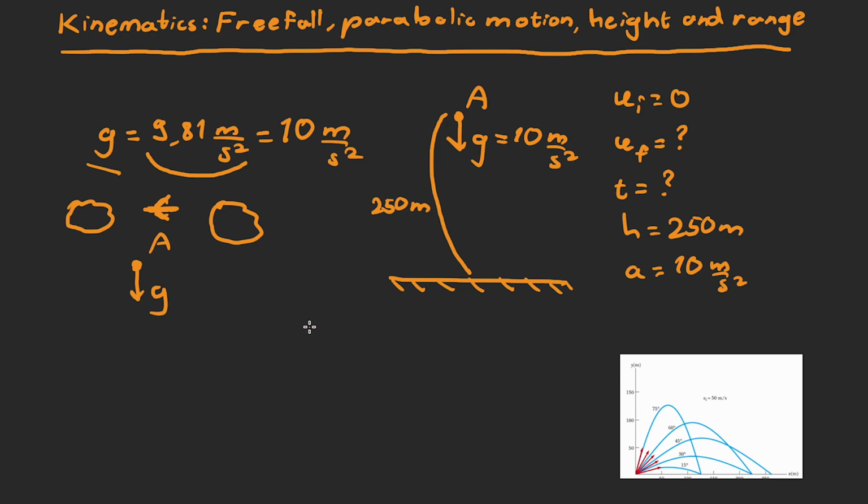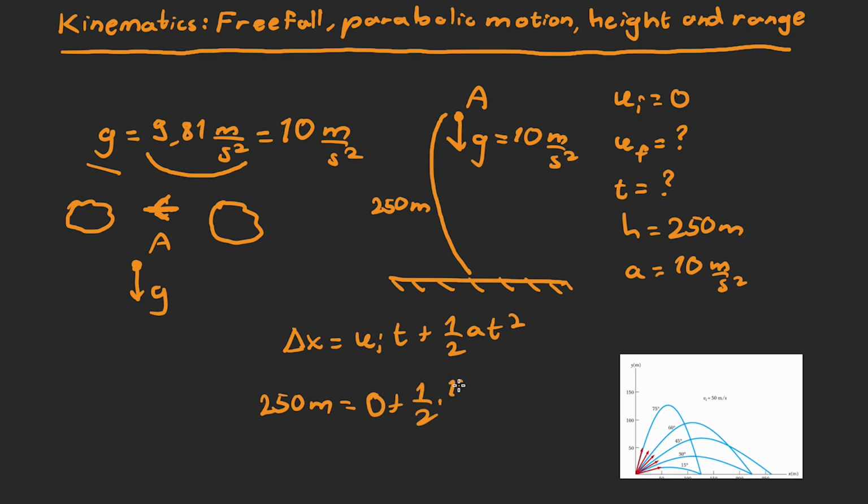I mean, we could use that somewhere else, but why don't we just find it in a more direct manner? We can say that the displacement is equal to our initial velocity times t plus half of our acceleration times t squared. Now that works, because we know our displacement is 250 meters. Our initial velocity is 0, leading to this entire term being 0.